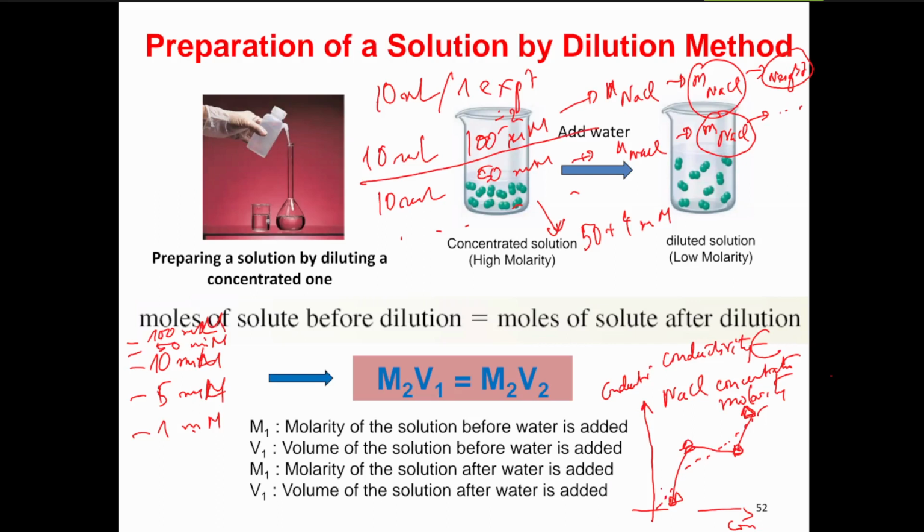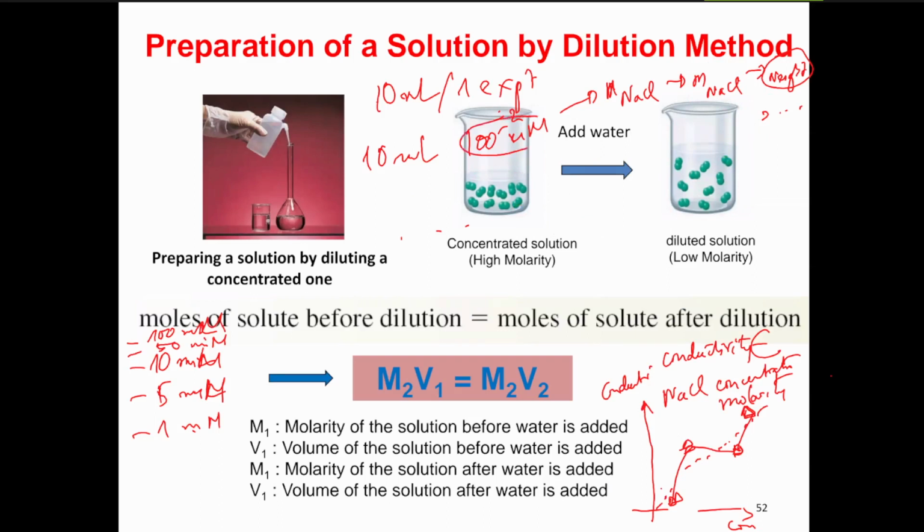So how can you do? First, you will prepare the 100 millimolar solution. So you do the weighing only one time. Then now you have 100 millimolar.